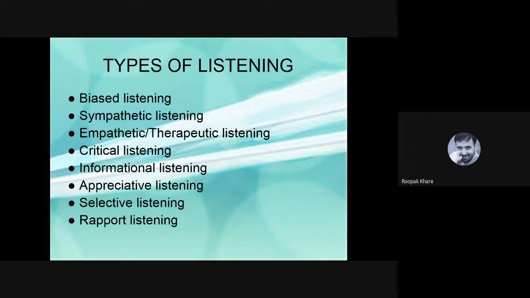Appreciative listening, when you're listening to music, when you're listening to people who are singing well, all this comes under appreciative listening. You're able to appreciate the other person, how good or bad that person is performing or speaking or singing, of course. Selective listening, you want to listen only to certain things.